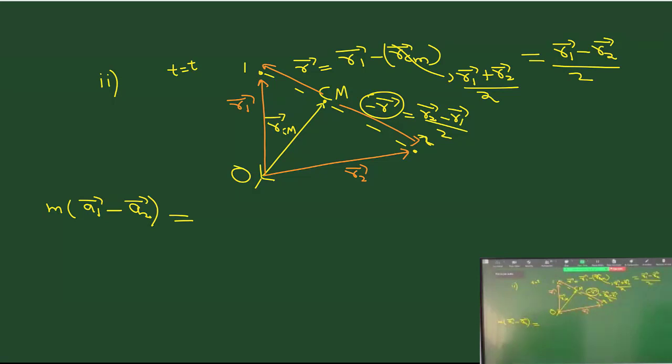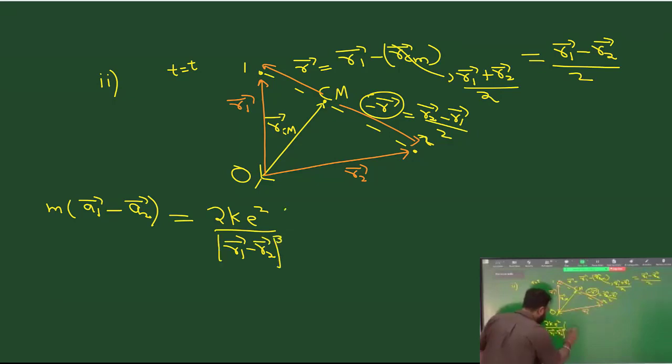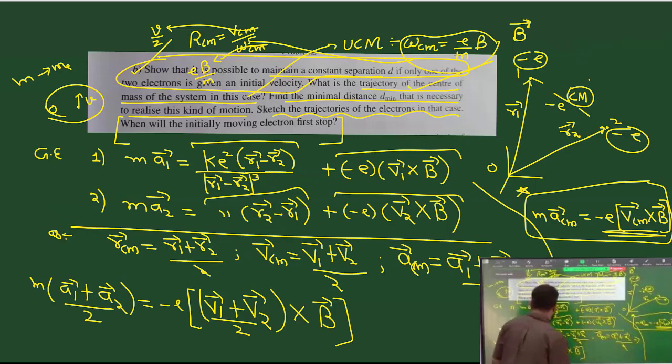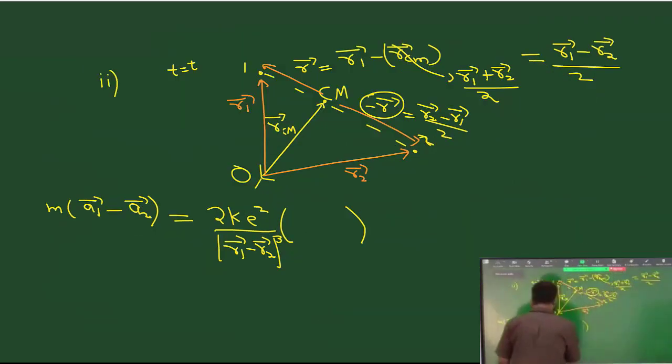You will have 2ke square upon mod of (R1 vector minus R2 vector) cubed, and in the numerator, twice (R1 minus R2). That is one thing.